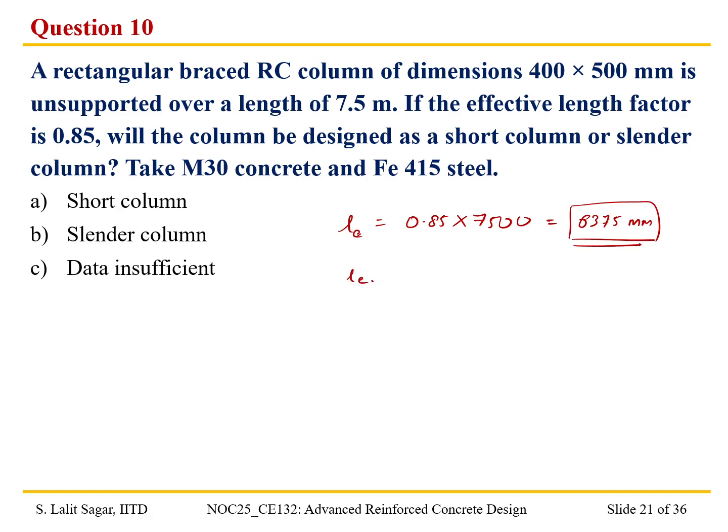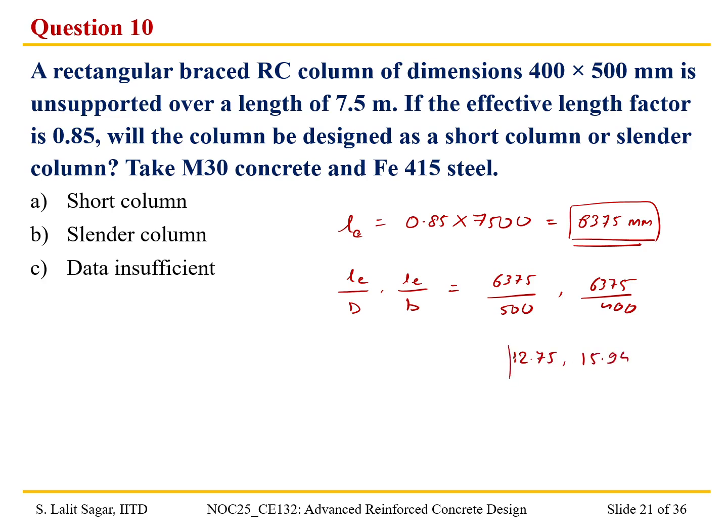So how do we determine the slenderness ratio? That is LE by D, or LE by B. So 6375 divided by 500, and 6375 divided by 400, which gives me a value of 12.75 and 15.94.